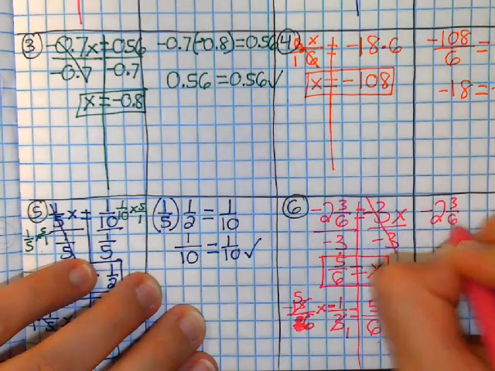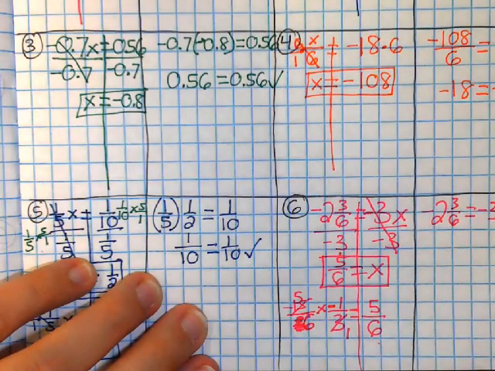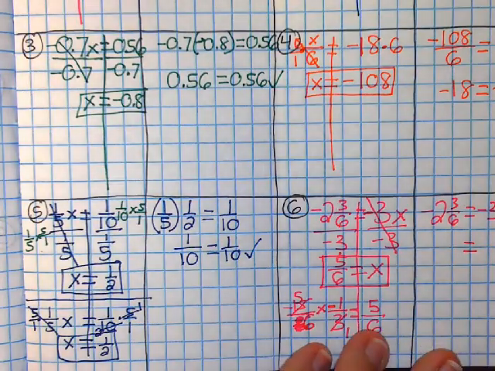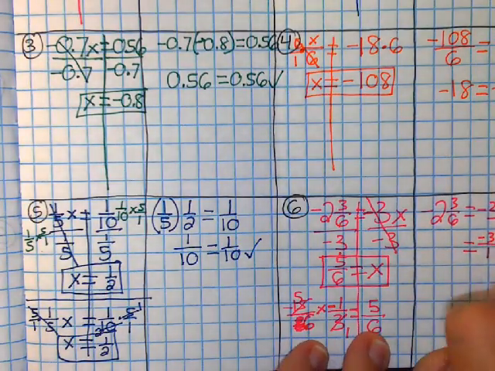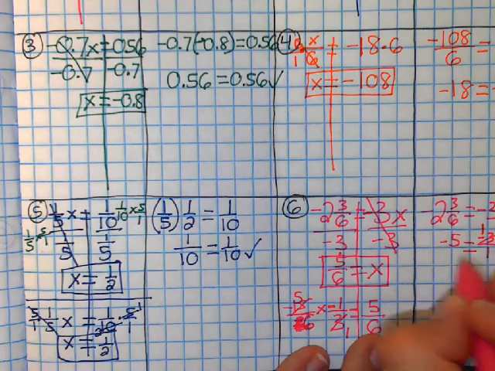Now I'm going to check my work. Negative 2 3/6 should equal negative 3 times 5/6. Negative 3 over 1 times 5 over 6. Cross simplify, they both get divided by 3, so that's a 1 and that's a 2. 5 times negative 1 is negative 5. 2 times 1 is 2.